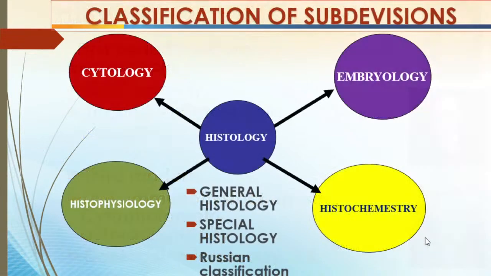So what about the subdivisions of histology? Histology is closely joined with some other biological sciences like cytology, the science about the cells and functions of cells in the human body. Embryology, the science about the development of the embryo and fetal development, the prenatal time. Also there is a special science between histology and physiology, named histophysiology.